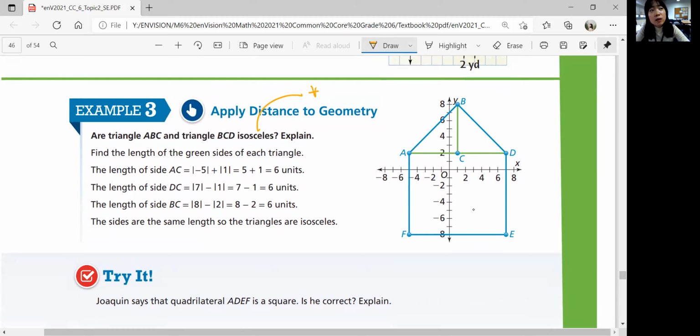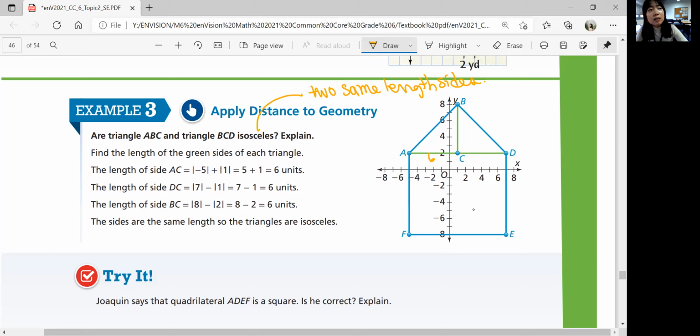They have 2 sides of the same length, and your base is the only side that is different. So find the length of the green sides of each triangle to figure out if they are equal to each other.